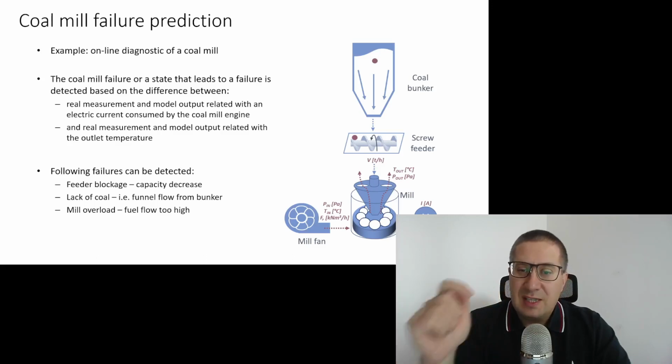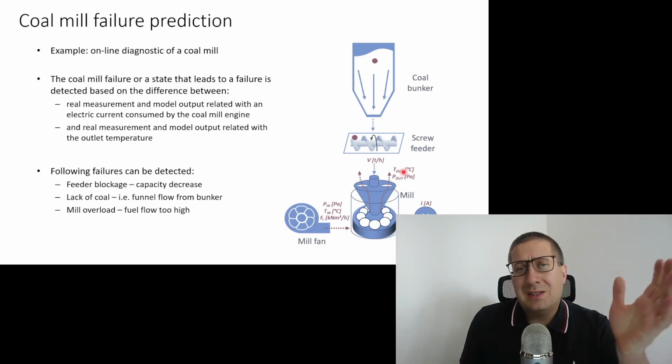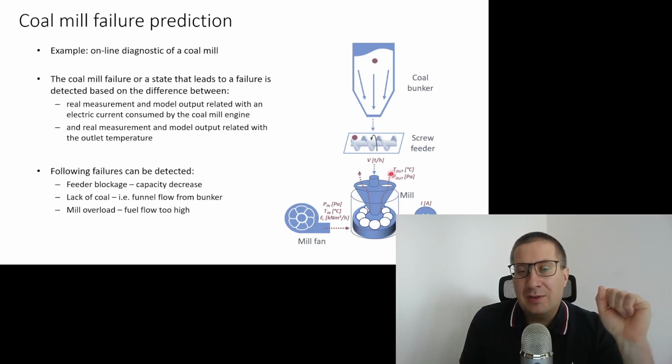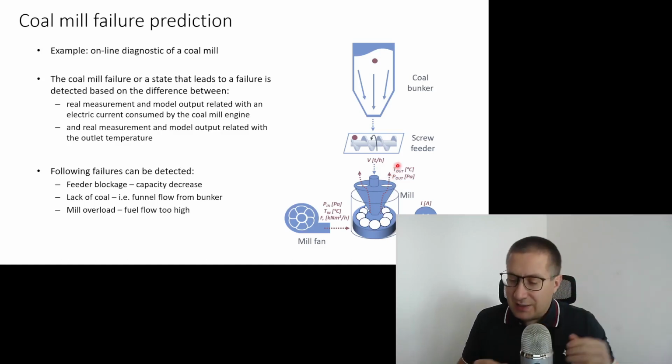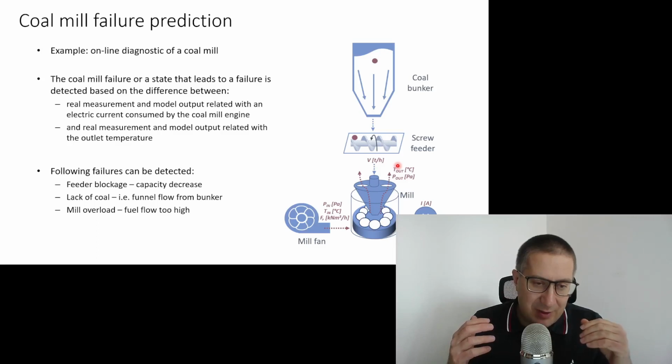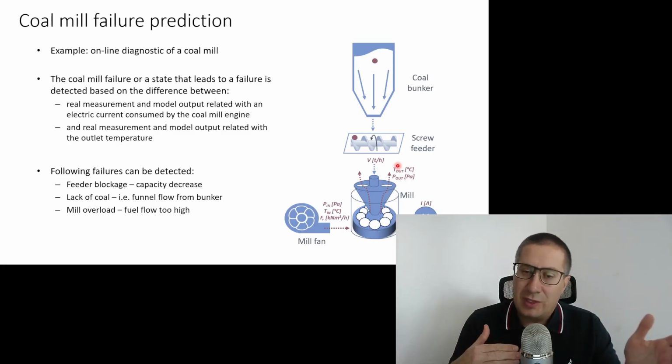The same with the outlet temperature. The coal is definitely colder than the air that is supplied to the coal mill. So if the temperature of this coal-air mixture will start to decrease, it means that we have a higher proportion of coal to air, right? Or cold coal to hot air.